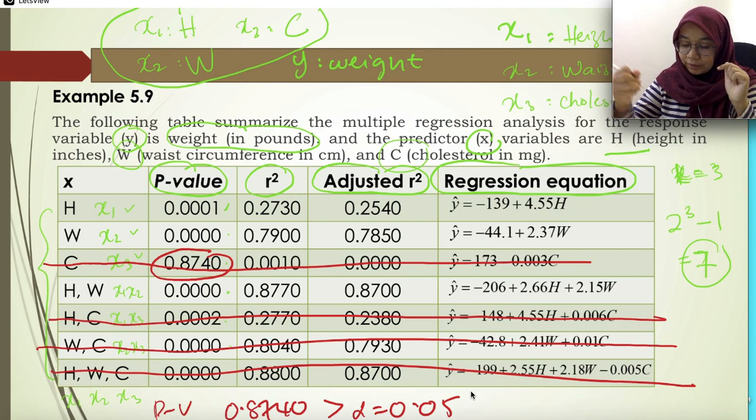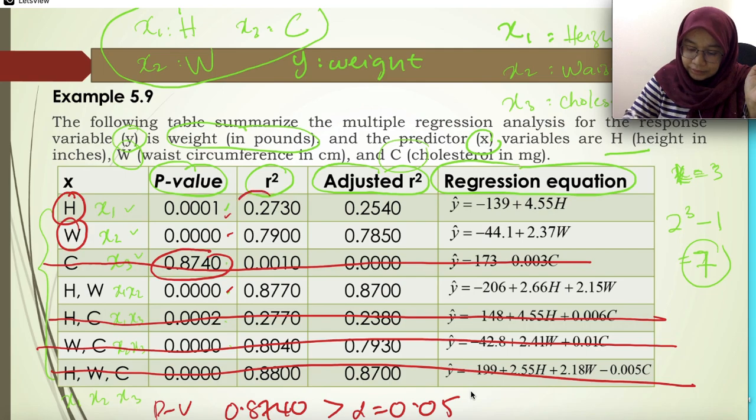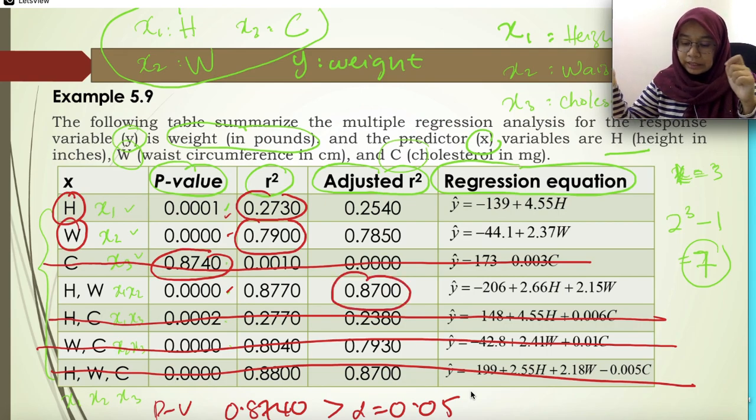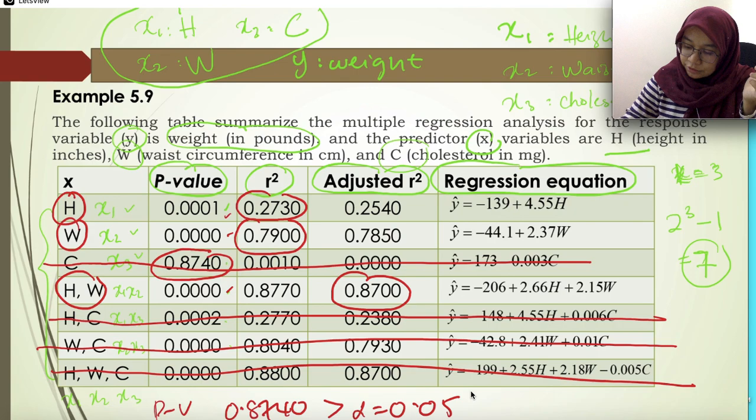So all the p-values are less than 0.05 and also small. Then you look at the coefficient of determination. For the simple linear, we take the R square, and for multiple linear, we look at the adjusted R square. So which one has the highest coefficient of determination? The highest is HW. So the best model is here.